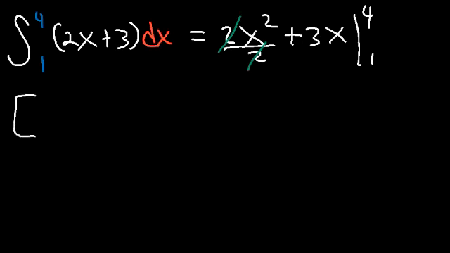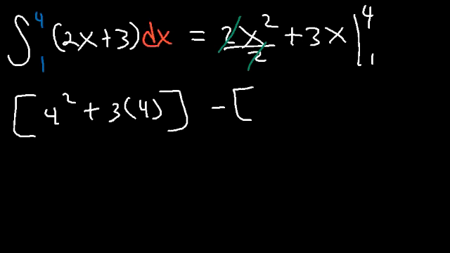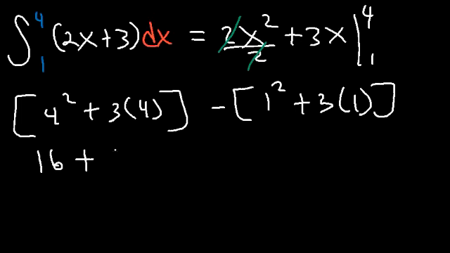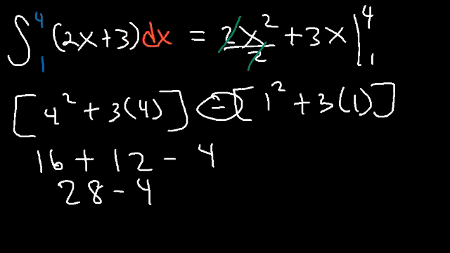If we plug in 4, it's going to be 4 squared plus 3 times 4. And if we plug in 1, it's 1 squared plus 3 times 1. 4 squared is 16. 3 times 4 is 12. 1 plus 3 is 4, so minus 4 because of the negative sign. 12 plus 16 is 28. 28 minus 4 is 24.